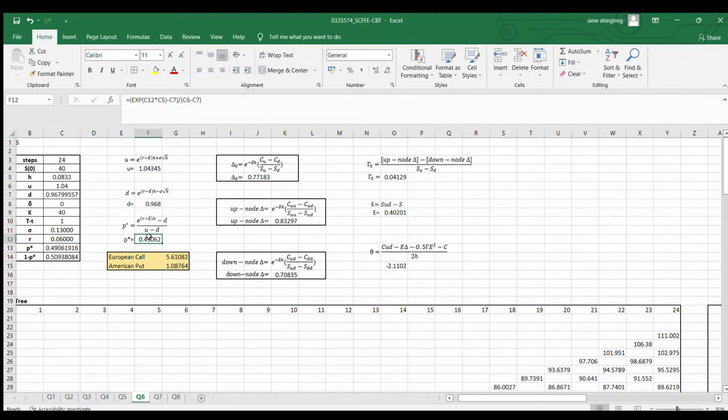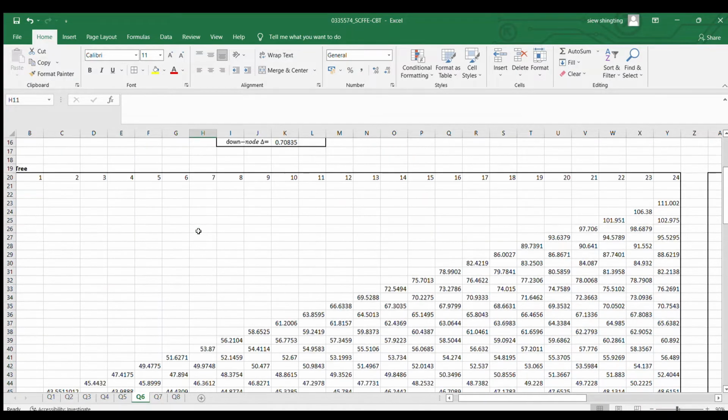So r is 0.06, delta is 0, times h, minus d, 0.96, divided by u minus d, 1.06 minus 0.96. So we get 0.49062. After this, we need to calculate the binomial tree.